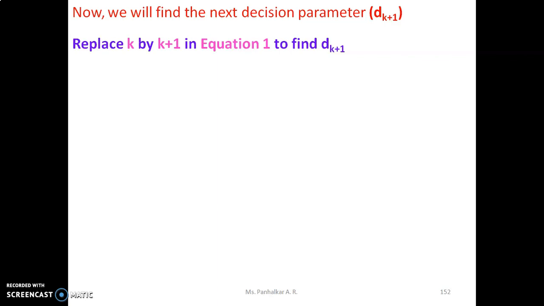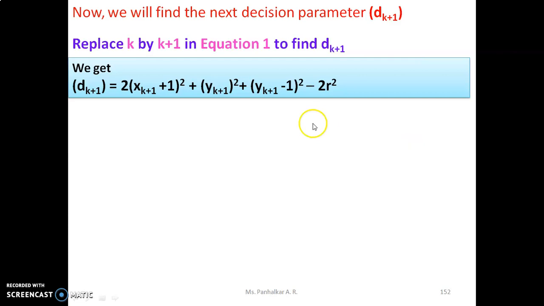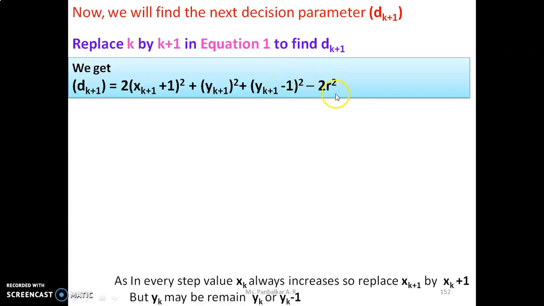So very simple, in the previous equation of dk, instead of k, put k plus 1. We will get an equation as dk plus 1. In the previous dk, in every term we put k plus 1. So 2(xk plus 1 plus 1) square plus yk plus 1 square plus (yk plus 1 minus 1) square minus 2r square.